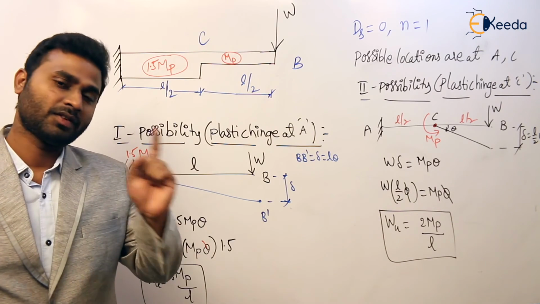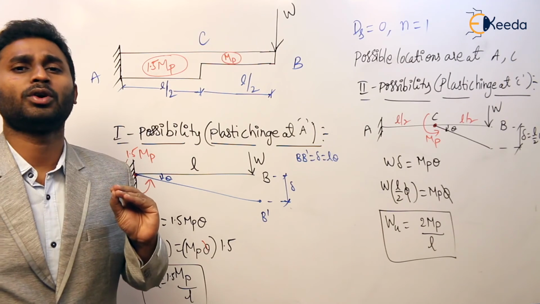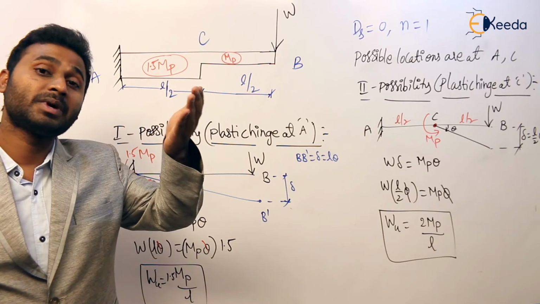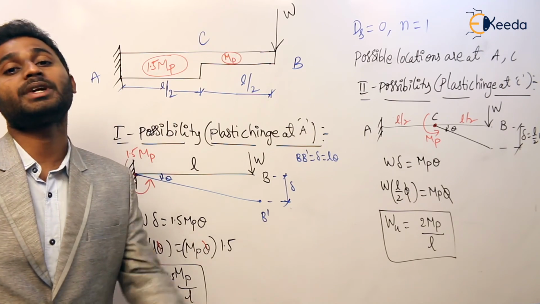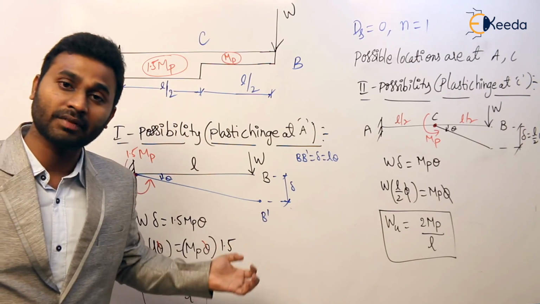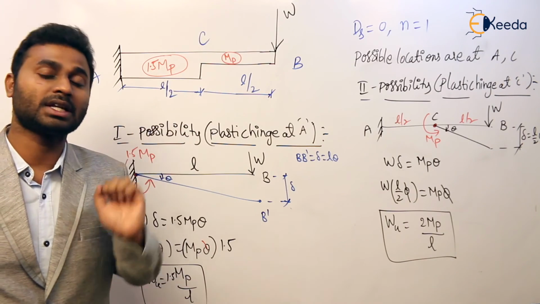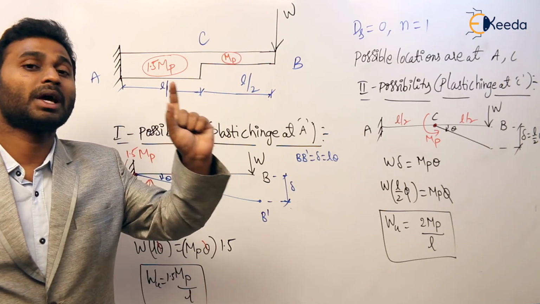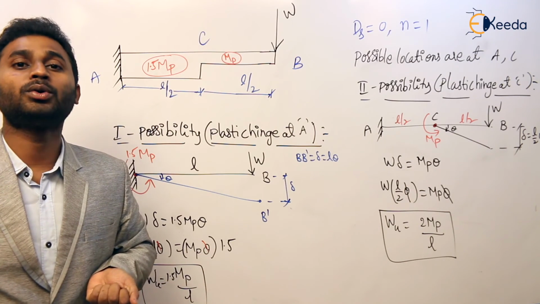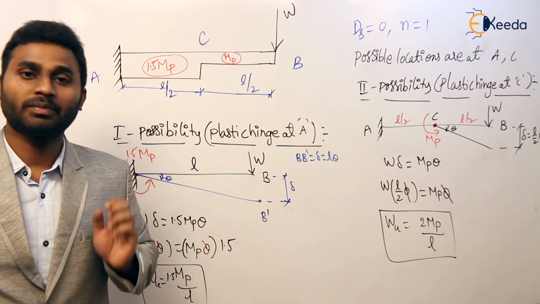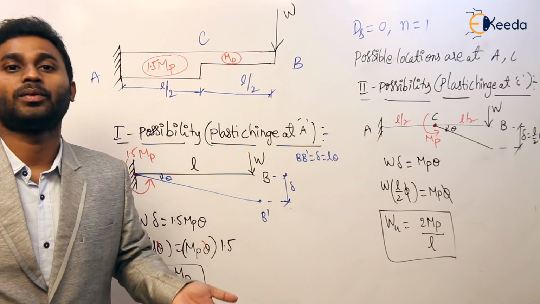In design we follow a simple logic: always underestimate the internal effects, which means we consider internal effects as less, and overestimate the external effects, which means we consider the external effects more. That is the reason in steel, and even in RCC, we multiply the load with some factor like 1.5 or 1.2, and we divide the strength with some factor, Fy by 1.15 or 1.5.